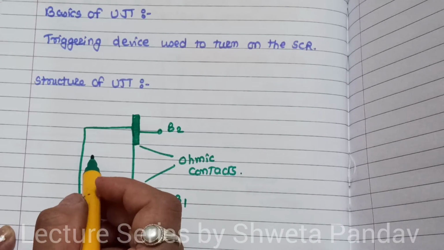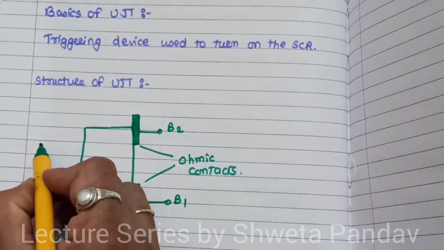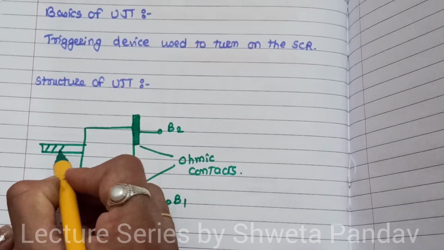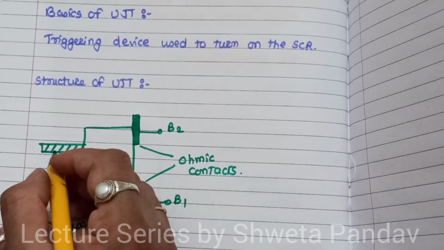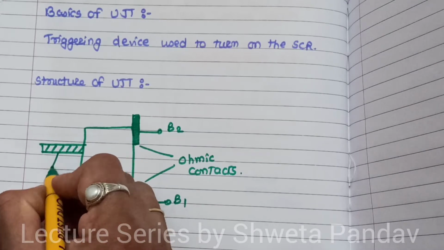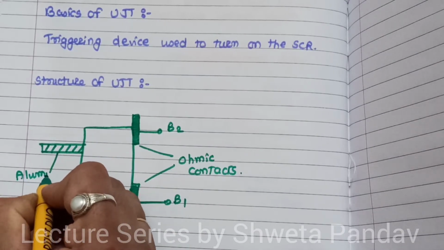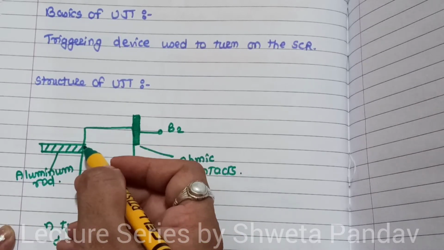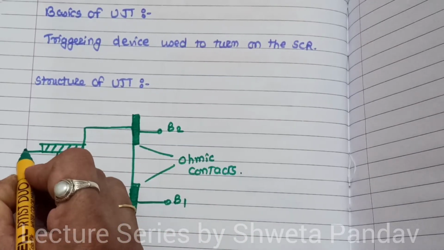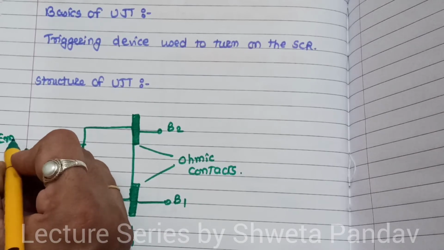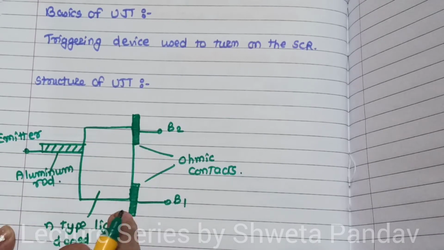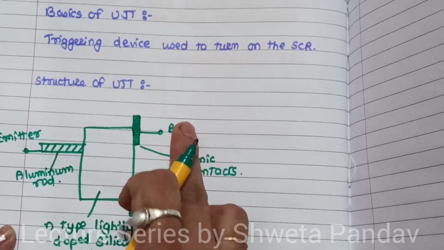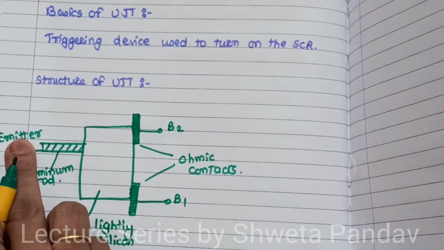Then an aluminum rod, which is of P-type, is connected to this N-type slab, and one terminal is taken out, called the emitter terminal. So this UJT has three terminals: base 2, base 1 and emitter.